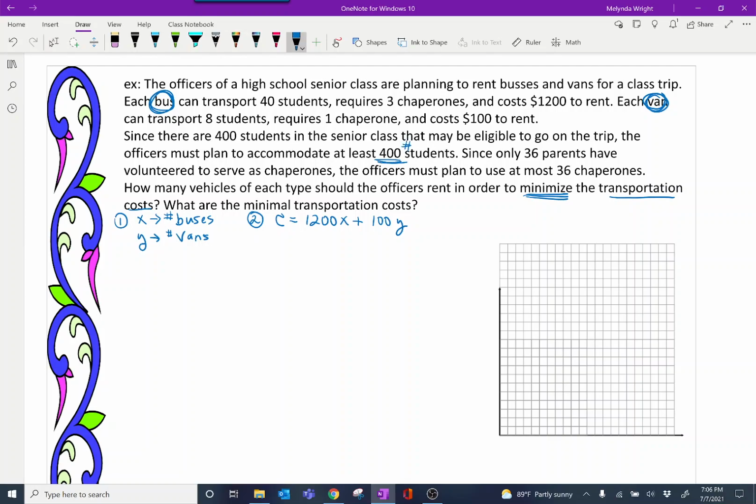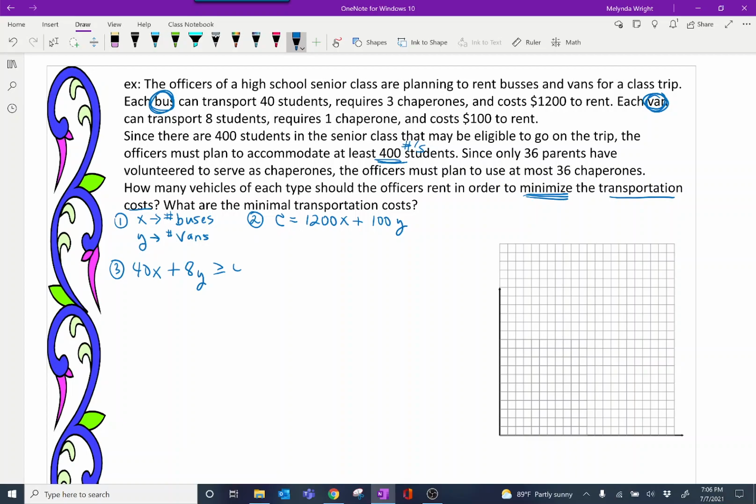These are numbers of students. So how are we going to accommodate the numbers of students? Buses can take 40 students, plus vans take 8 students. That's all we have, right?